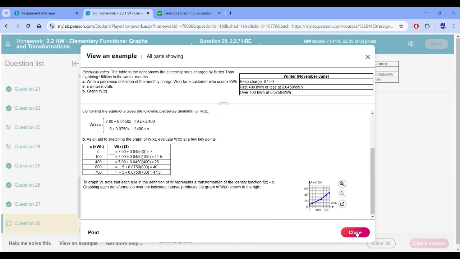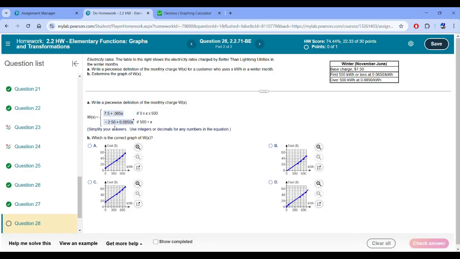Where's the negative 2.5 come from? I have no idea.